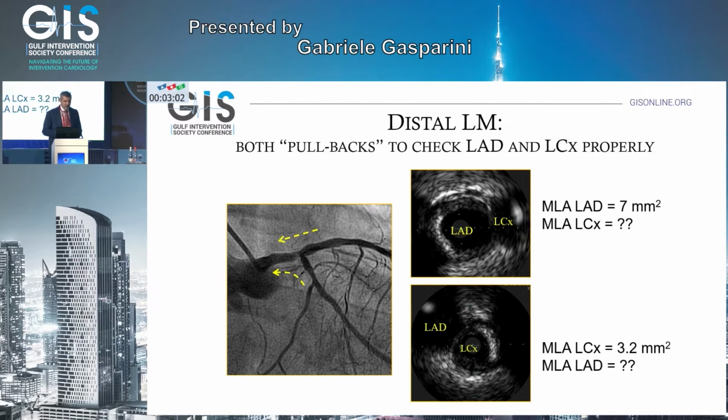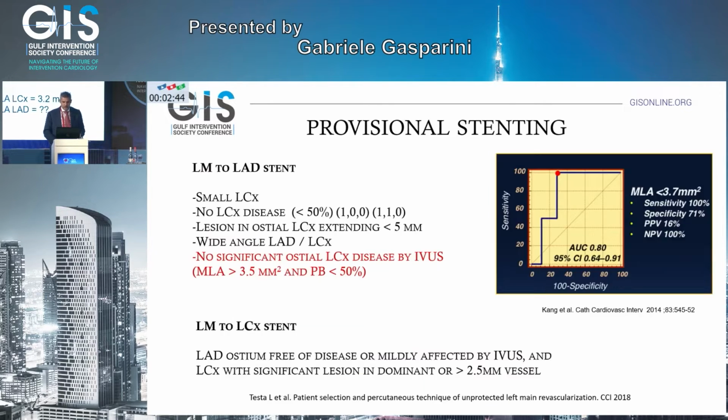So in all left main bifurcation lesions, in my practice, I perform both pullbacks to check LAD and the circ in order to have all the information that I need before planning my strategy.